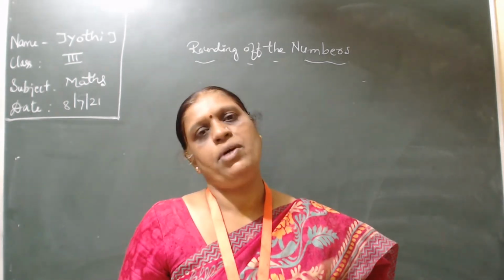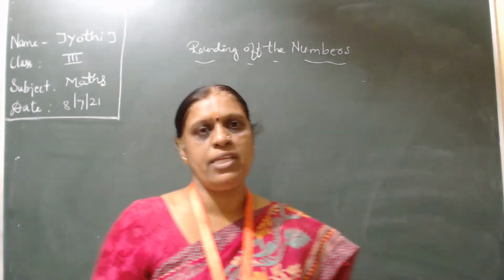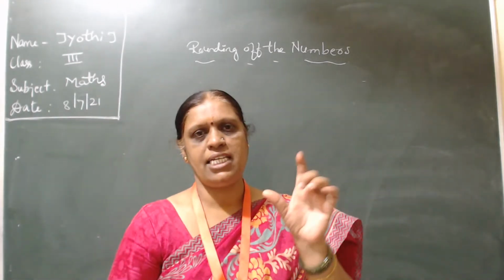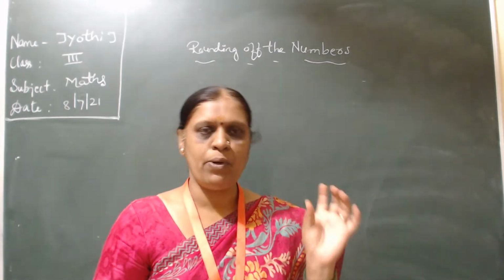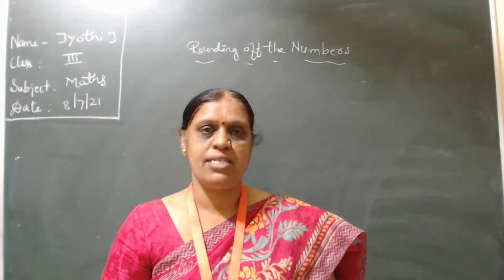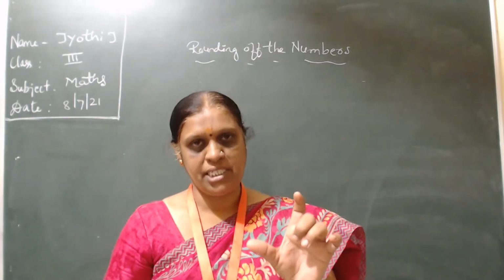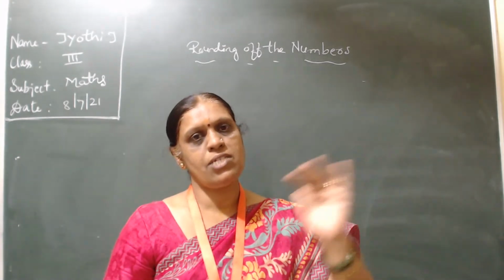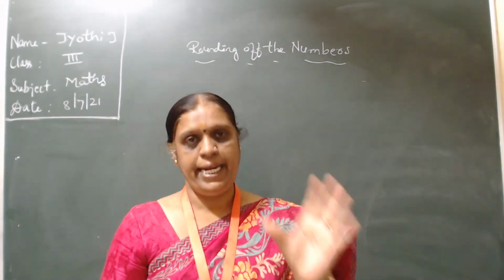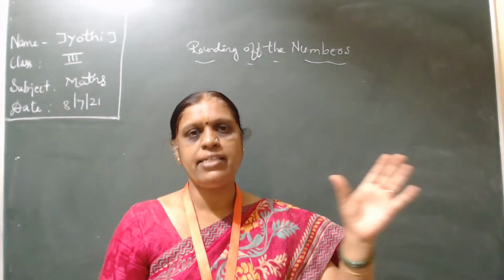So today, one more subtopic: the rounding of numbers. In the previous class, I briefly explained rounding. Rounding of numbers is nothing but an estimation, the nearest number, which gives us a rough idea about the exact number.